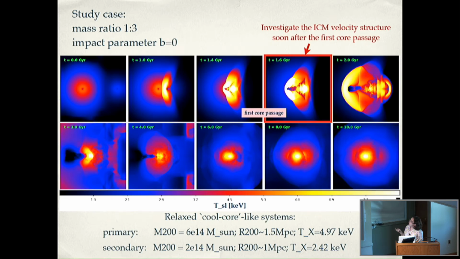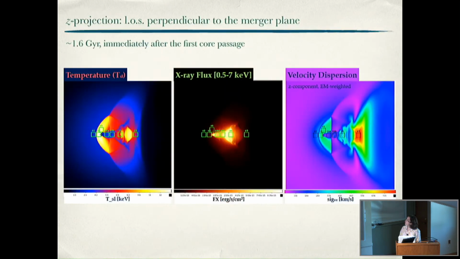We will investigate the velocity structure of the ICM in this configuration, which resembles more or less the Abell cluster I was showing before. The two clusters, set up at the beginning with a 1 to 3 mass ratio, are set up in a way that their profiles resemble cool core clusters.